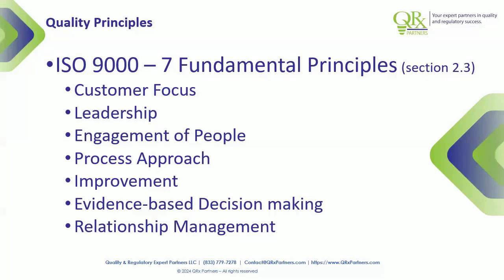Then they go into a rationale of why that's important to the quality system in your organization. They then amplify that some more about key benefits. So what are the benefits to your organization of engaging with these principles? And then even the next step, they give you some possible actions of how to implement these principles.